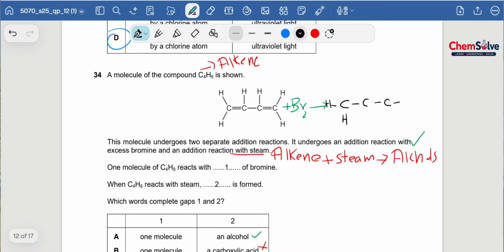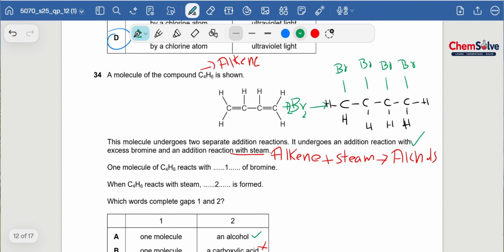There are four carbons, so I'm writing four carbons here and completing their hydrogens like this. So one bromine would be here, one would be here, and this way.